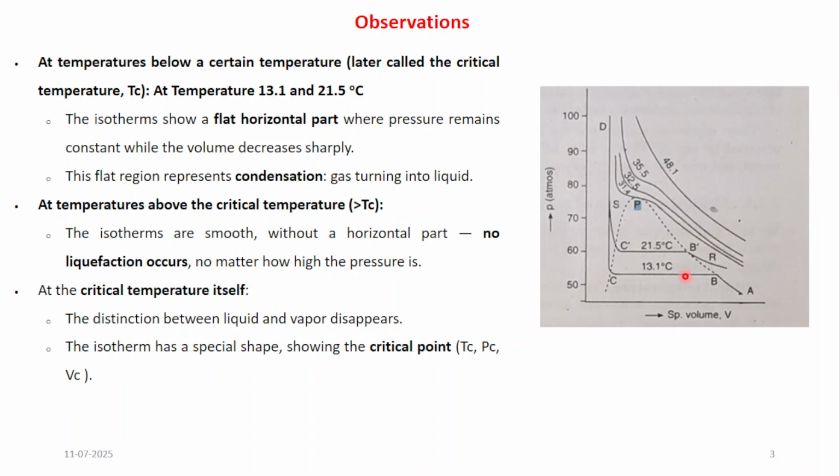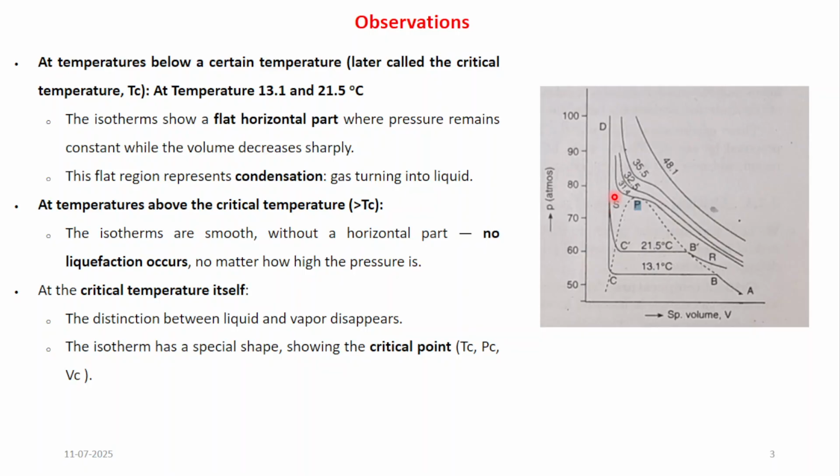So there won't be much change in the volume of the liquid. Now you increase the temperature every time. Instead of conducting at 13.1, now you conduct at 21.5. Again you increase the pressure, volume will decrease and it will be converted to liquid. So Andrews did this at various temperatures.